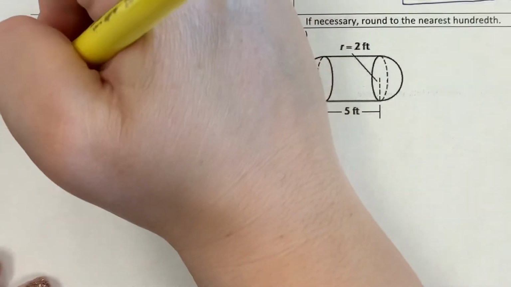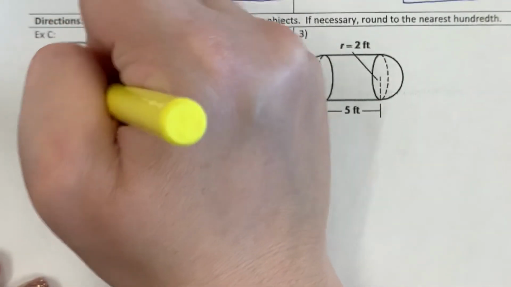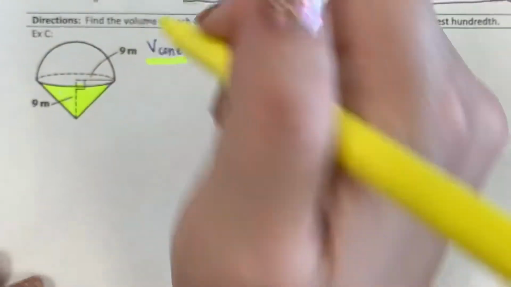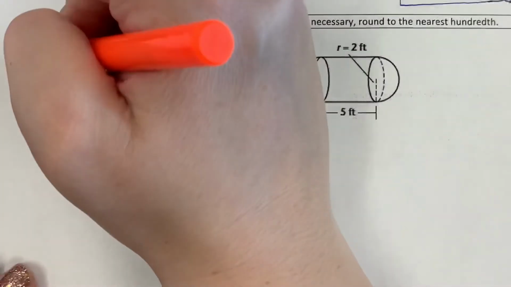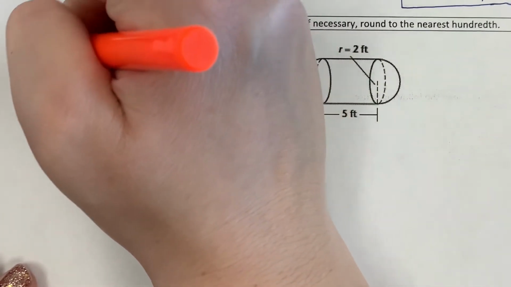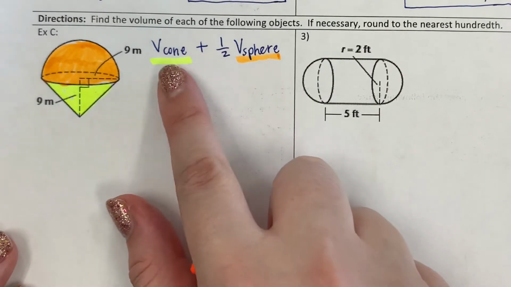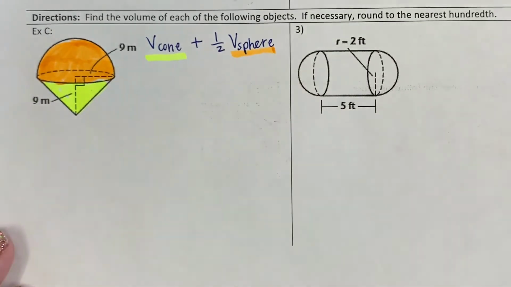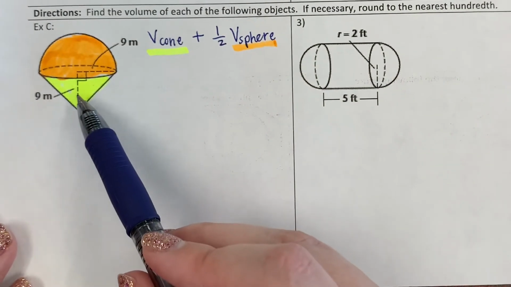So again, here for my cone, I'm doing the volume of this cone plus half of the volume of a sphere, and the sphere is like the ice cream scoop here that's on the top of the cone. So I'm doing the volume of the cone plus half of the volume of the sphere. So I'm gonna have to find two different volumes here. Let's do volume of the cone first.